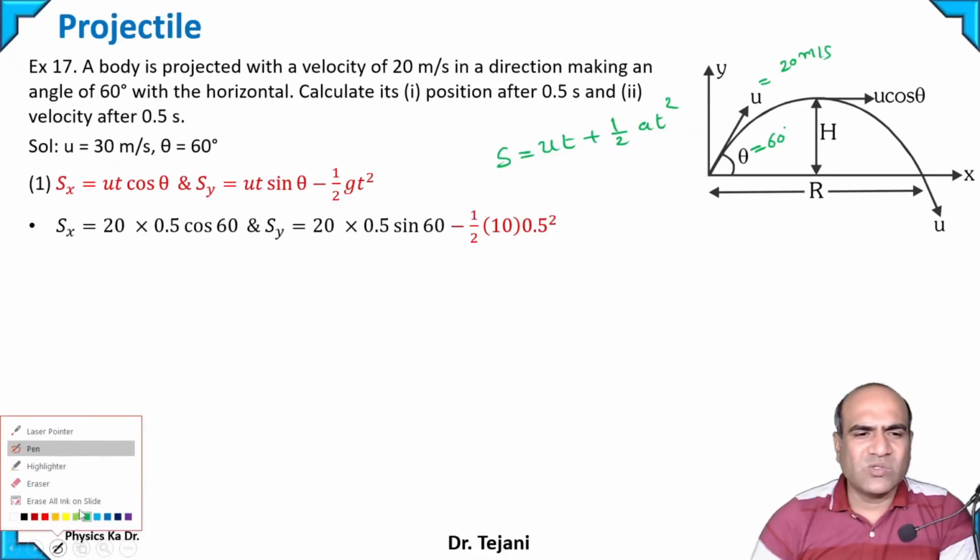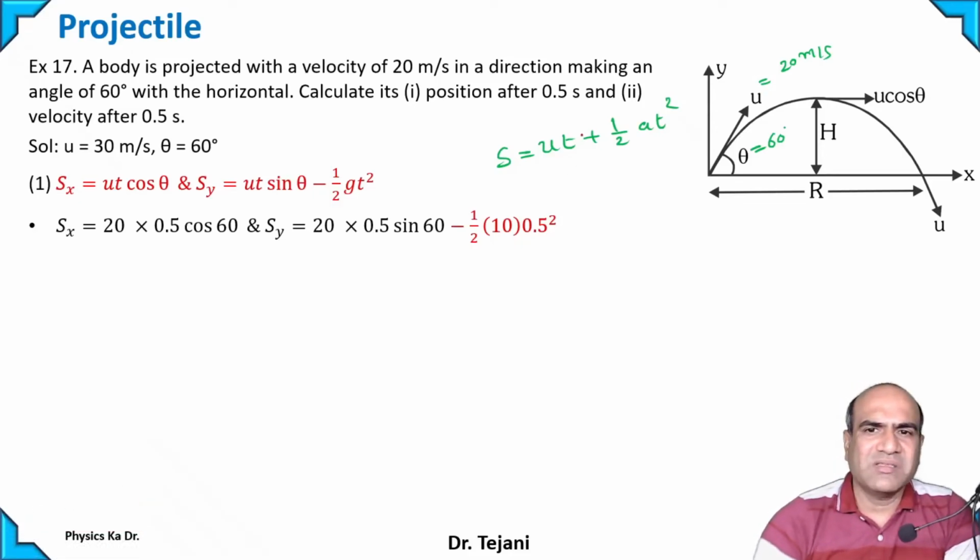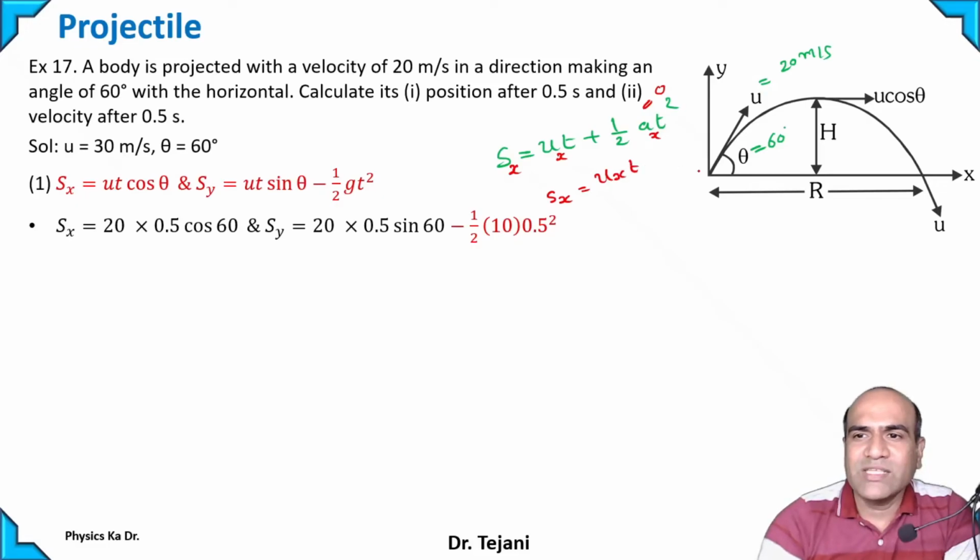I have to repeat all this every time. You don't remember this. So if I just want to have Sx, meaning position in the x direction, the x direction acceleration is 0. There is no acceleration. So Sx is equal to uxt. And what is ux? ux is equal to u cos theta.